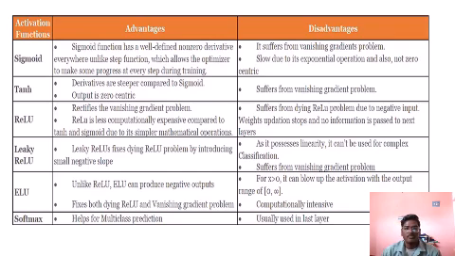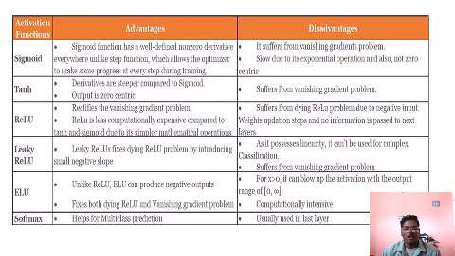Leaky ReLU fixes the dying ReLU problem by introducing a small negative slope. It is processed linearly, so it cannot be used for complex classification. It suffers from vanishing gradient problems.